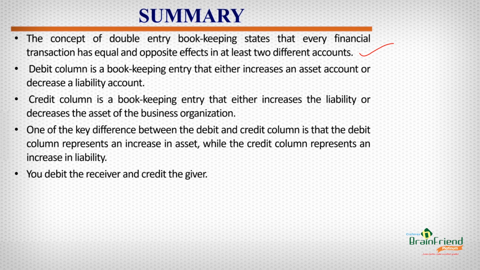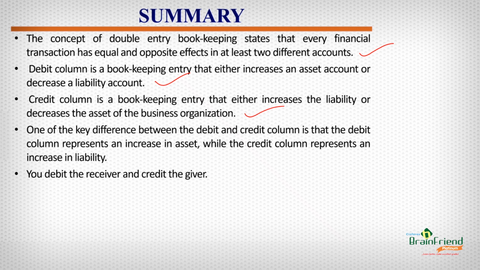We also learned that debit column is a bookkeeping entry that either increases an asset account or decreases a liability account. Next, we learned that credit column is a bookkeeping entry that either increases the liability or decreases the assets of the business organization.